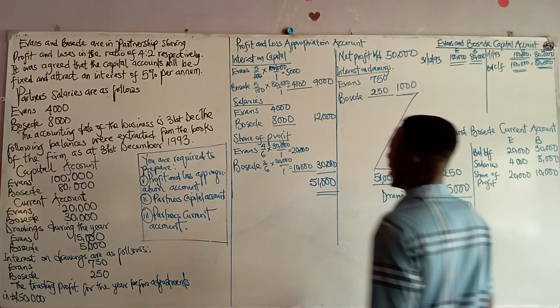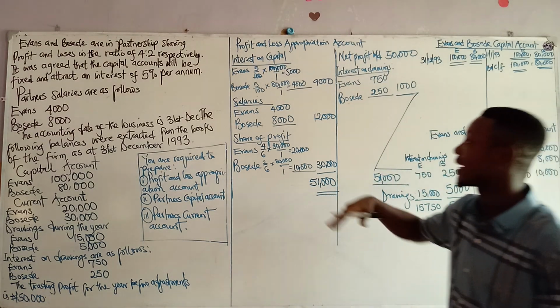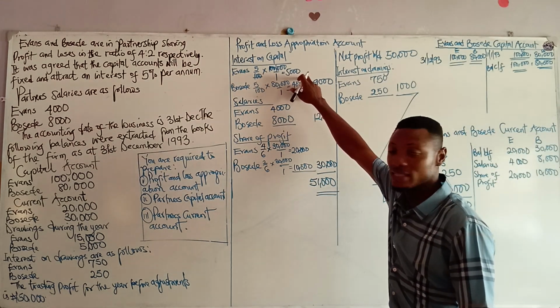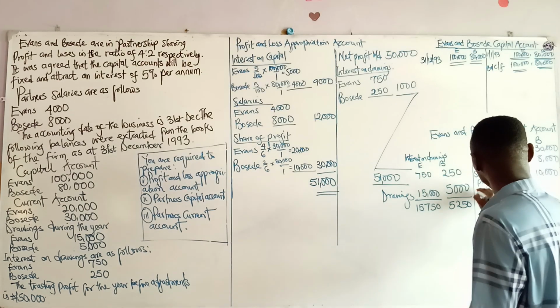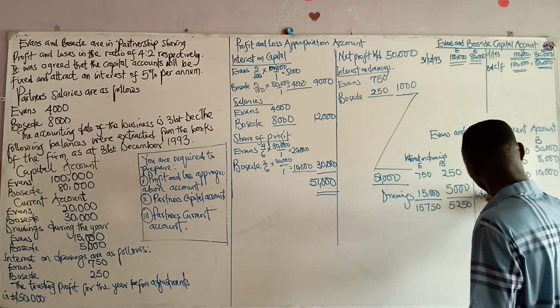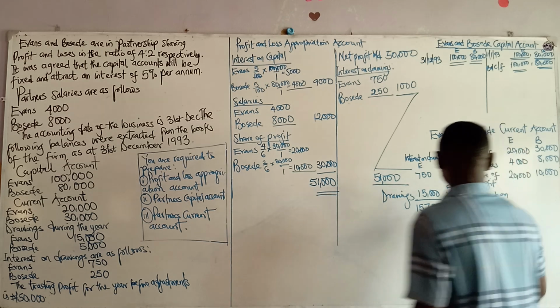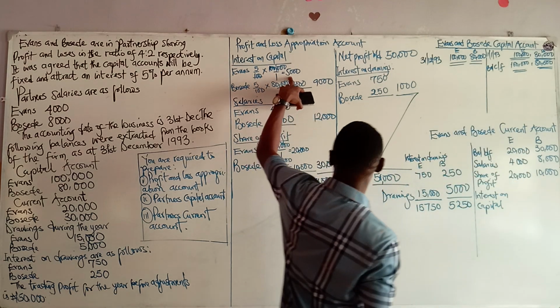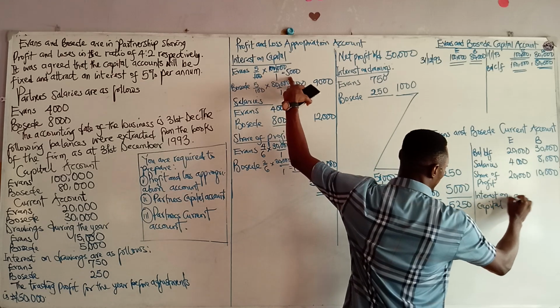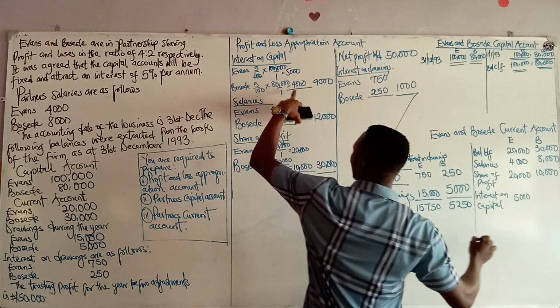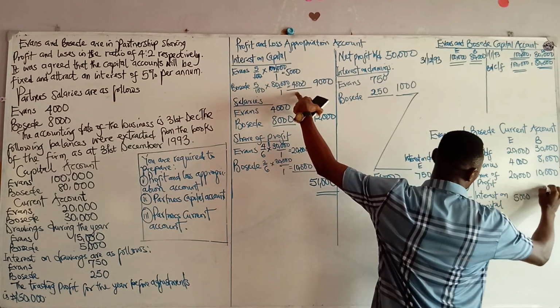The next one is the interest on the capital that was invested, so interest on capital. Evans got an interest of 5,000, and Boside got an interest of 4,000.